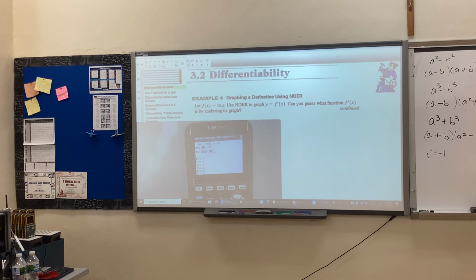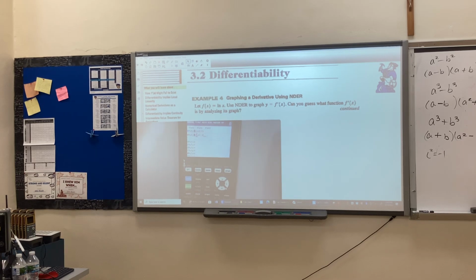You can find y1 under alpha trace. And here's y1. Then, instead of putting an actual number for x equals, we're just going to put an x there. What that will do is calculate all the derivatives and graph it.